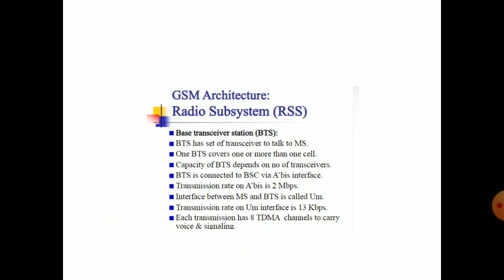Coming to the radio subsystem, one more term we use is the BTS, the base transceiver station. Its purpose is a set of transceivers to talk to the mobile stations.